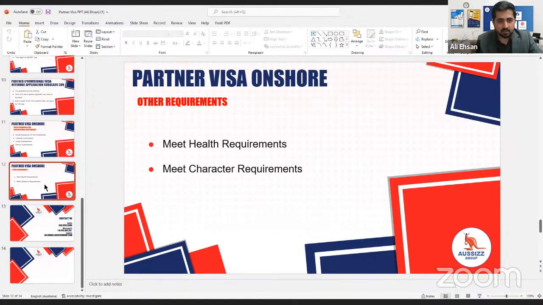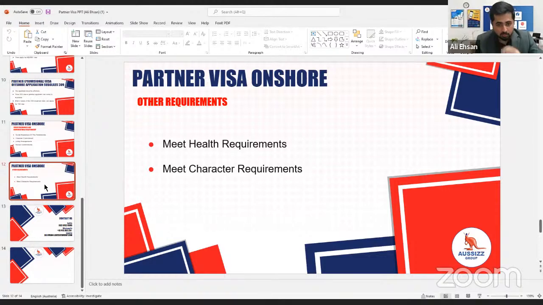As I said earlier, it is possible to lodge a valid application onshore, but the 8503 no further stay condition should not be attached to that visitor visa.